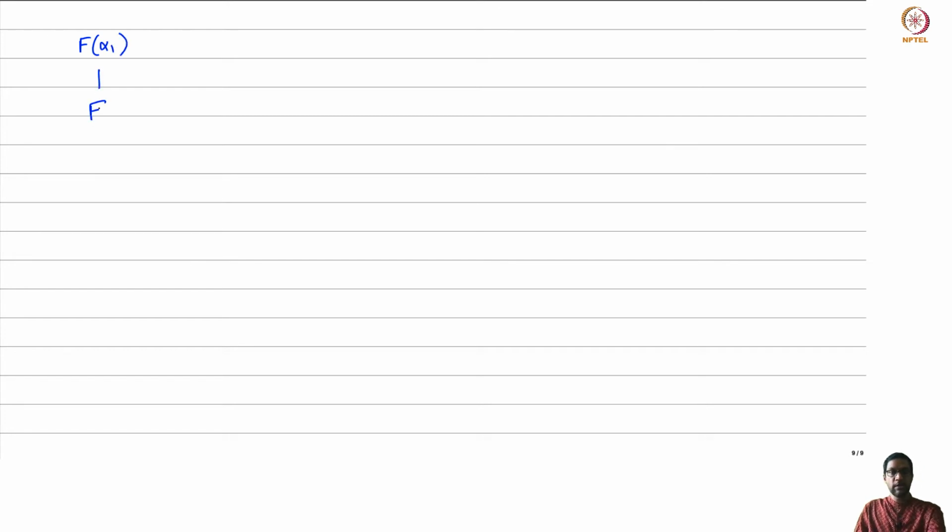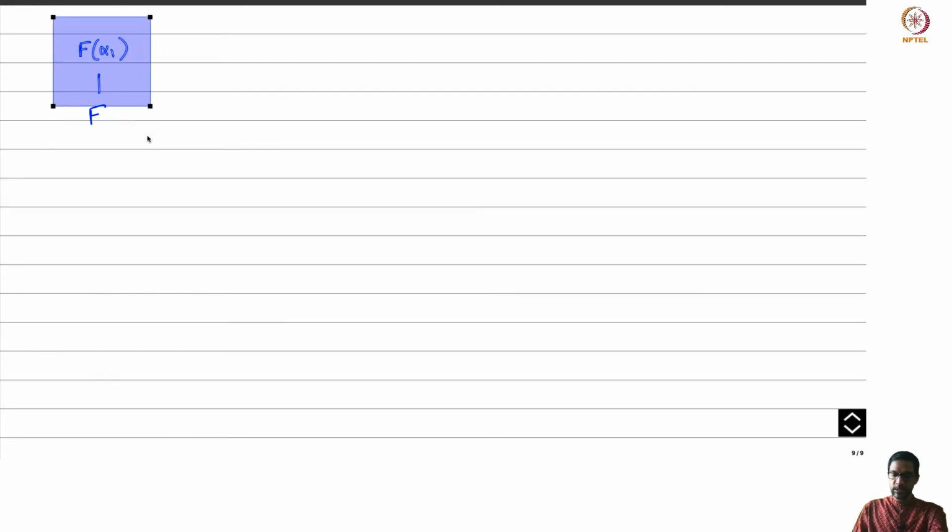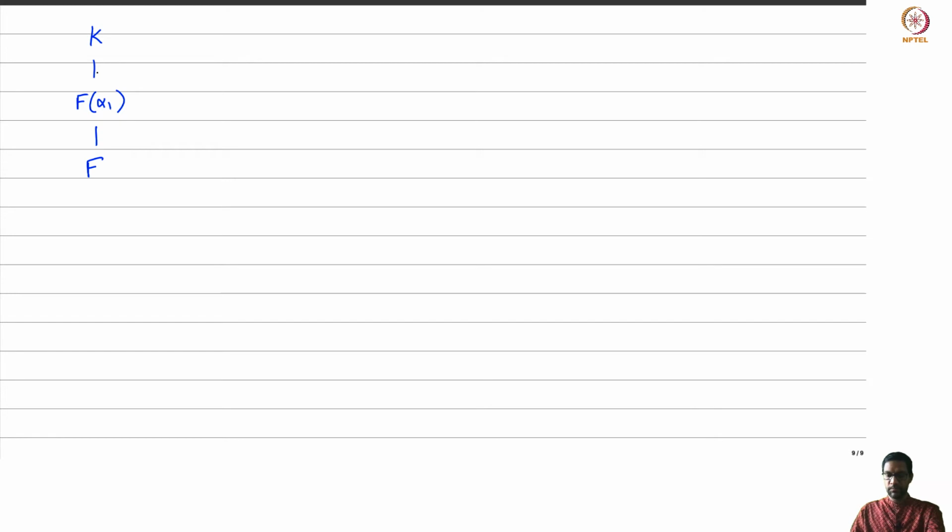Adjoin alpha 1 to F and look at the field F(alpha 1), thought of as an extension of F. In some sense all of this is really inside K, so this is really a subfield of K as well. Now we will eventually show K is finite by building it up as a tower of extensions. So let's look at this very first one, F(alpha 1) over F.